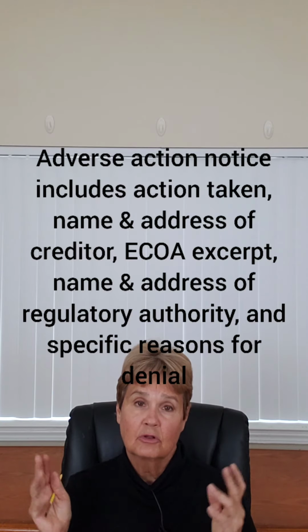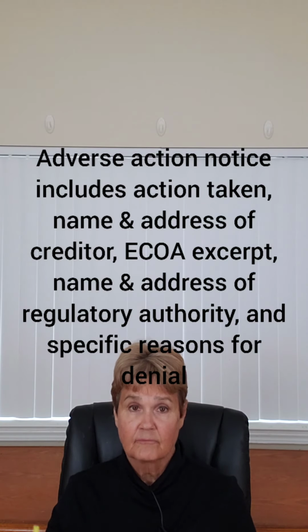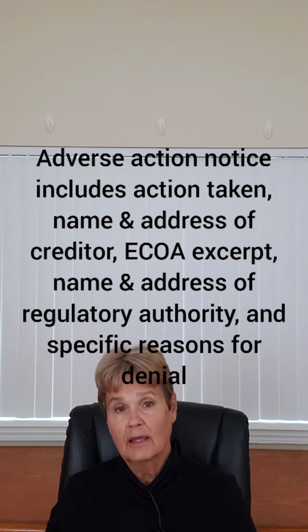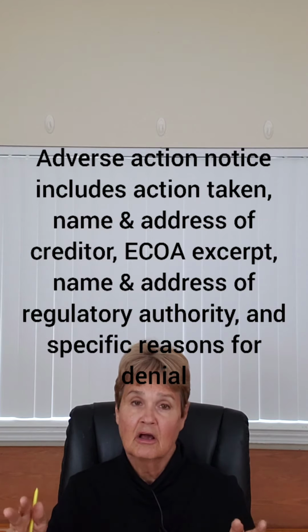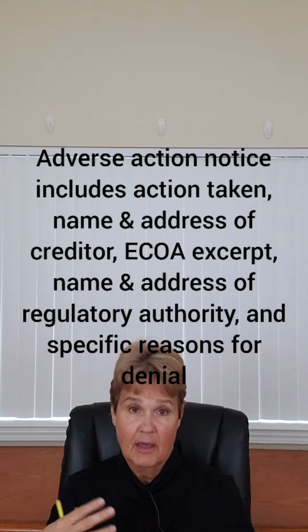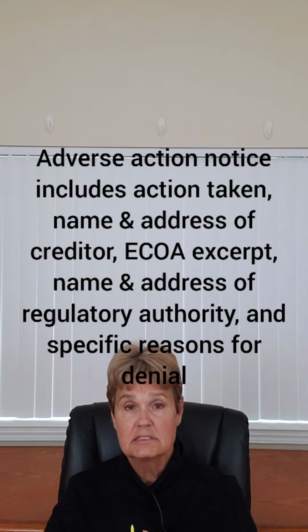So adverse action notice, there can be some multiple reasons why. But the adverse action notice itself has to include the action taken. Okay, we denied your loan, or maybe we need more information. Name and address of the creditor. They will cut and paste the section of ECOA that talks about adverse action notices and the rights of the applicants.